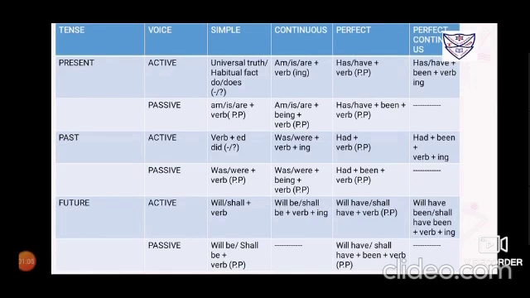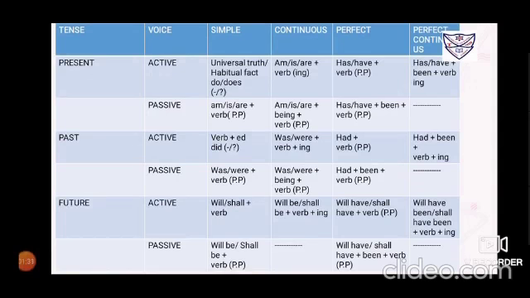Again the verb won't change as it is already in its third form. Now for the future perfect tense, will have, shall have, and verb in its third form. That will have only one word added: will have been or shall have been. The verb, as mentioned before, won't change because it is already in its third form. For the perfect continuous tenses, the passive voice is not possible.